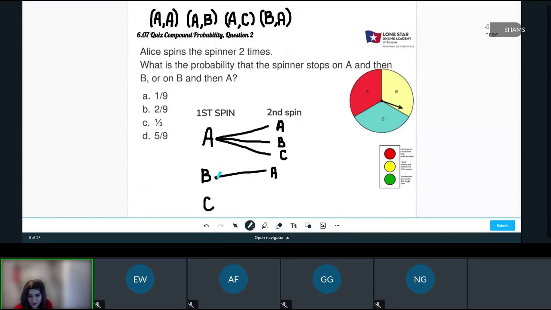Or maybe second spin doesn't land on A, but it lands on B again. So B and B. It's important to understand how the tree diagram works. Or maybe it didn't land on a B in the second spin, but it actually landed on C. So B, C are going to be the outcomes.